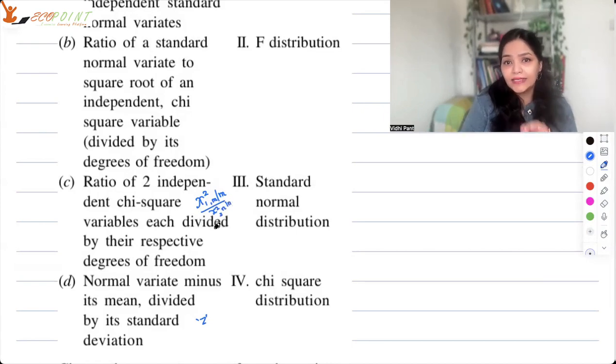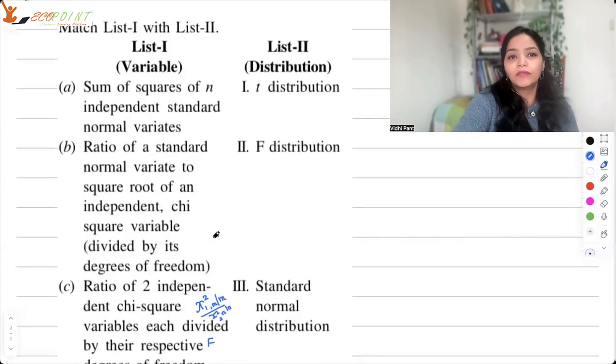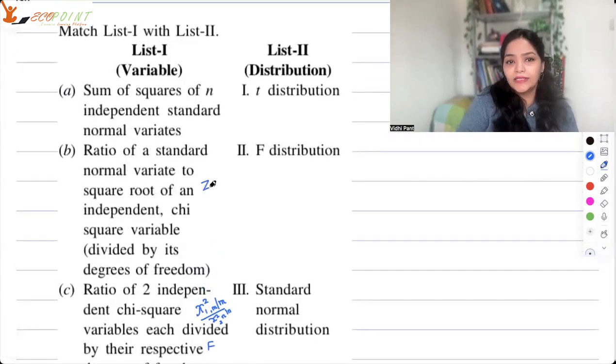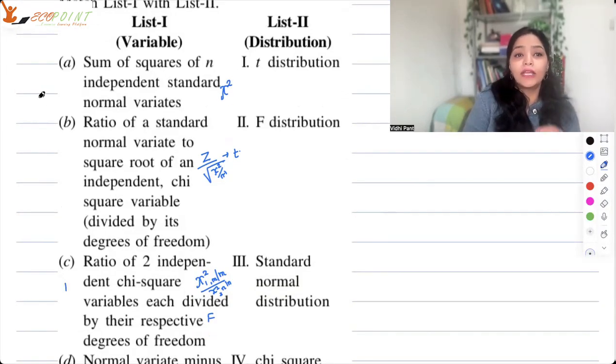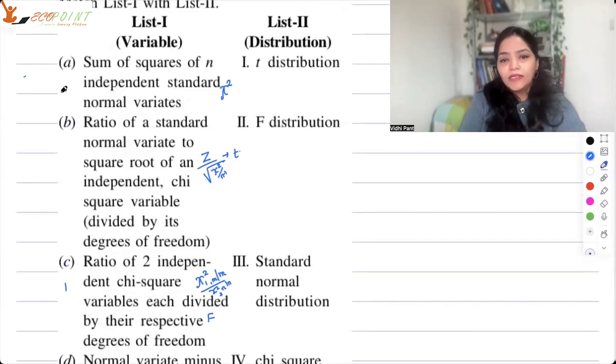Well, this, my friends, is F. And the ratio of standard normal Z upon the square root of chi-square divided by its degrees of freedom, say n minus 1, is the t distribution. And sum of squares of independent normals is a chi-square random variable.